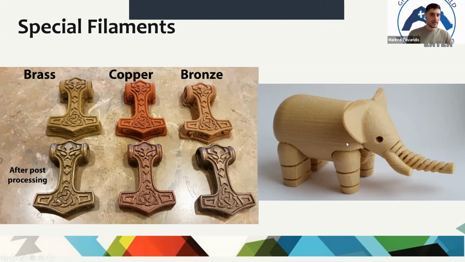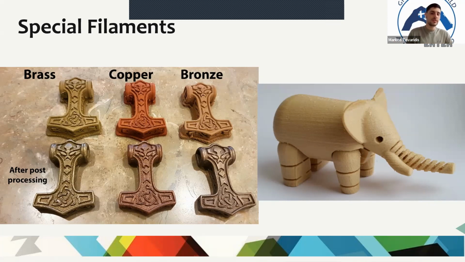And this elephant here is created from wood filament. Wood filaments typically contain 70% PLA and just 30% wooden fibers. But from texture to smell, everything feels very real.